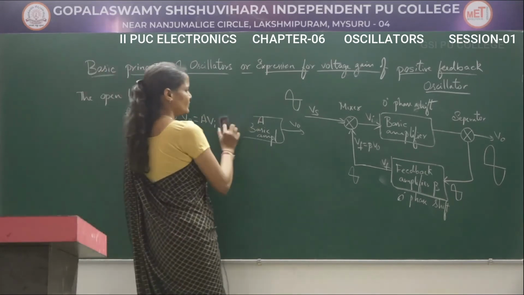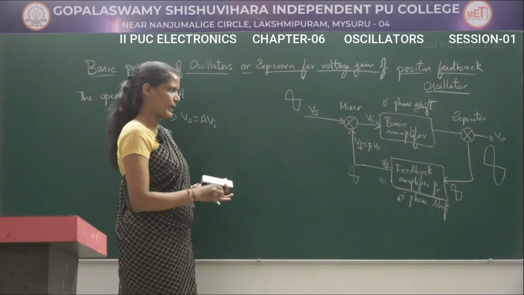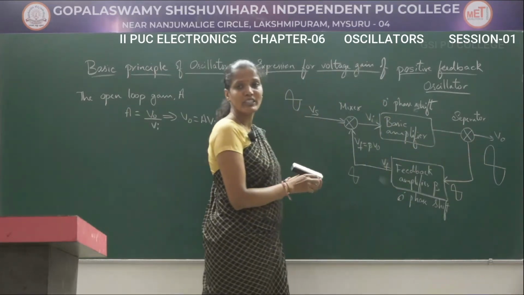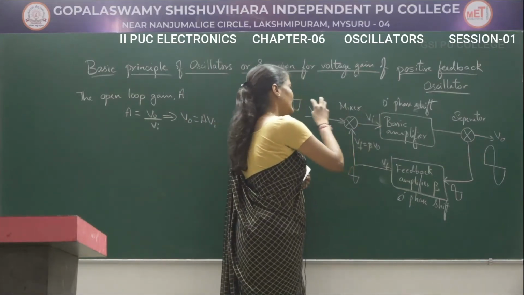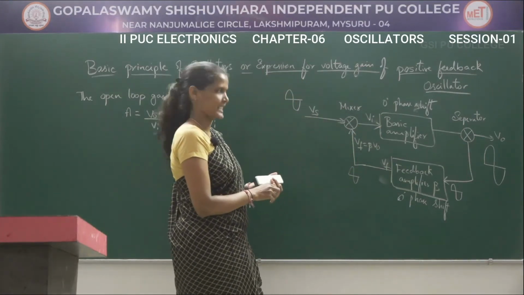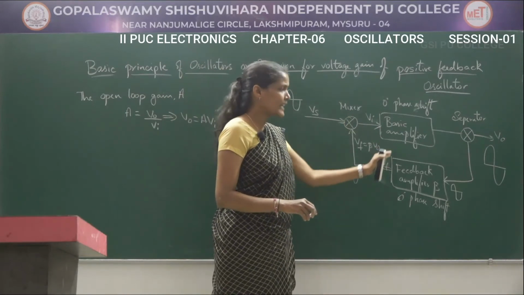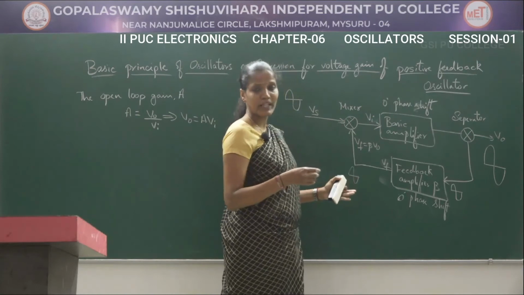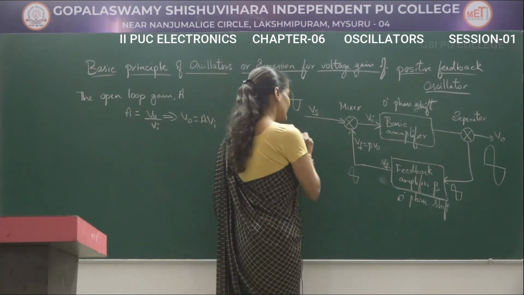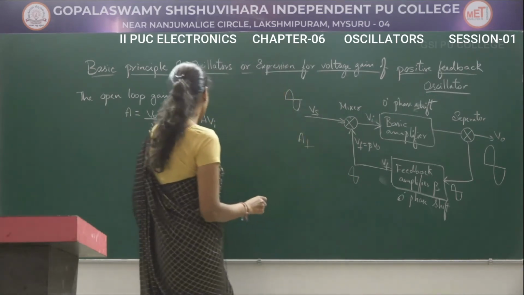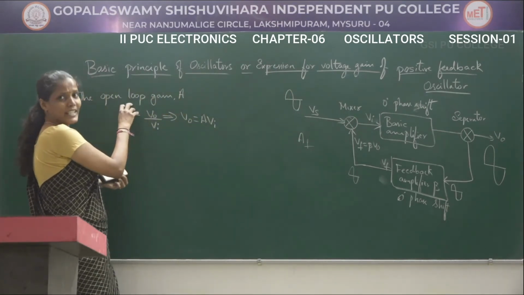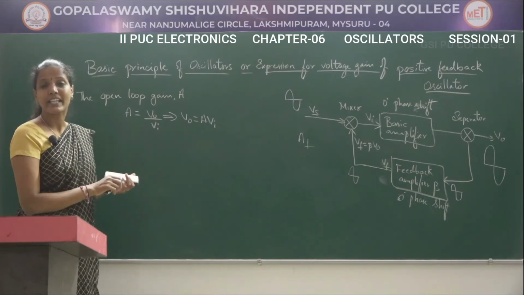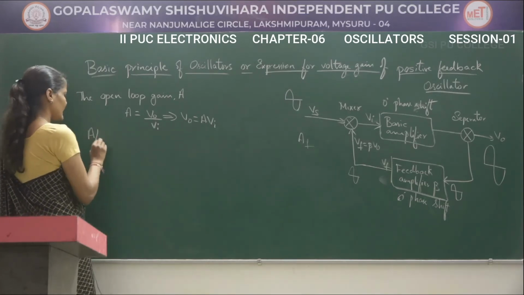Now after applying the positive feedback, the output voltage is considered as V0 itself, but the input voltage cannot be considered as Vi, it must be considered as Vs, and the gain of this feedback amplifier or the gain of this positive feedback oscillator circuit now should be considered as AF. The open loop gain is considered as A, but the gain of a feedback oscillator now will be considered as AF.